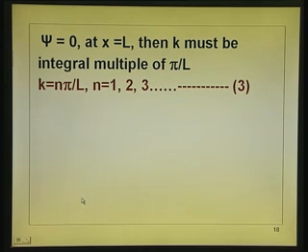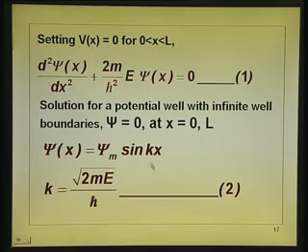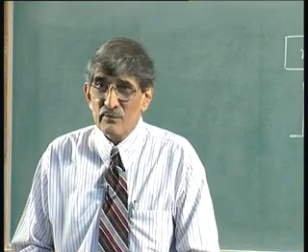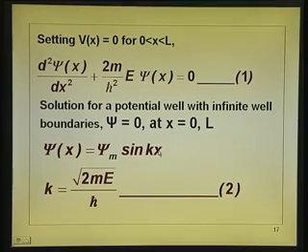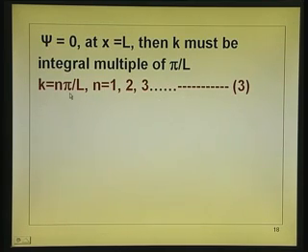All that we have to say is sin kL should be equal to 0, so kL should be 0 for certain values of k. So, kL can take values equal to n pi, n varying from 1 to 3.